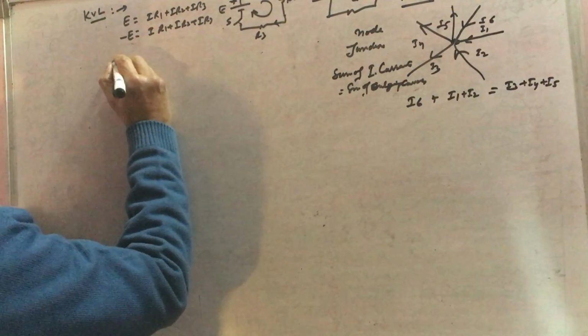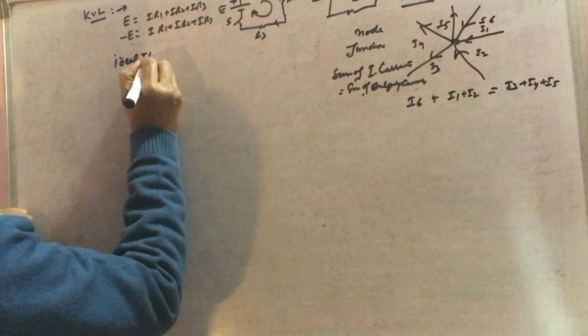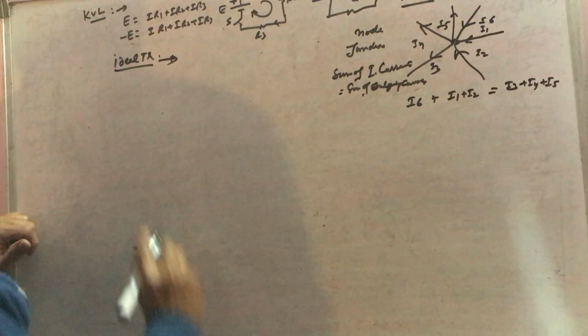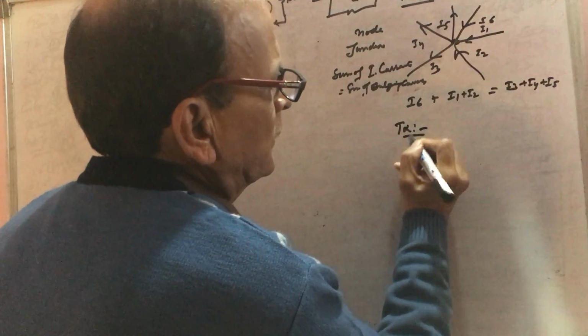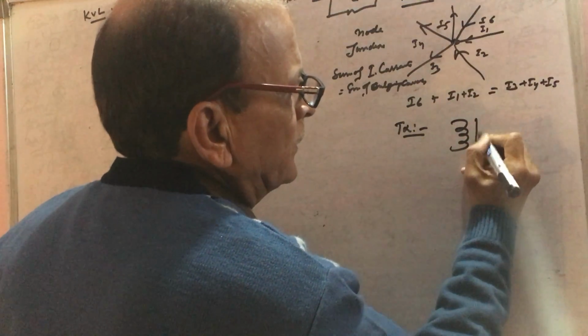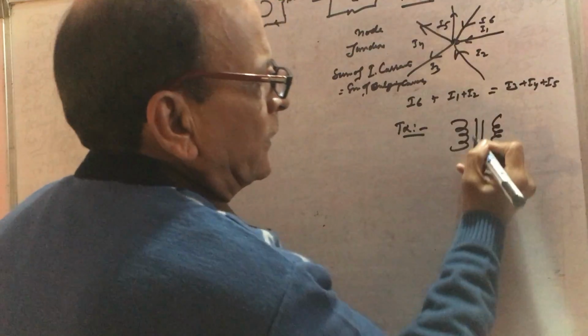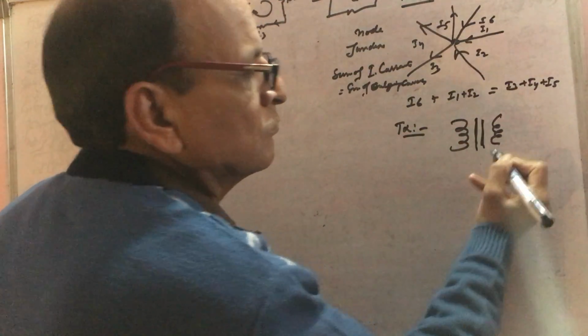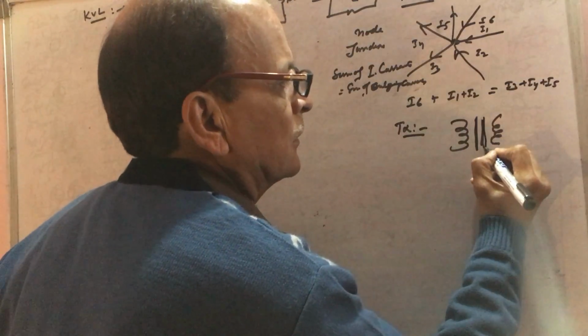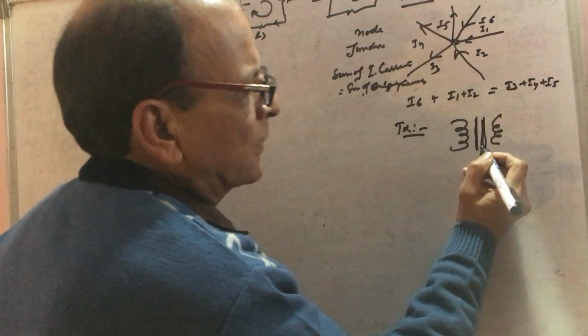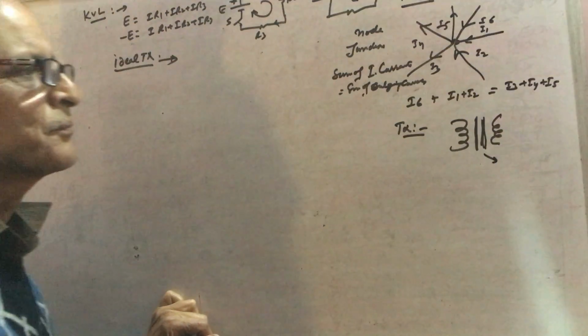What is an ideal transformer? What is transformer? Transformer has two windings, primary and secondary. They are insulated with some insulator. These are laminations of mica.